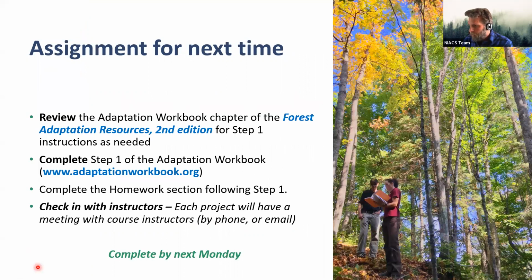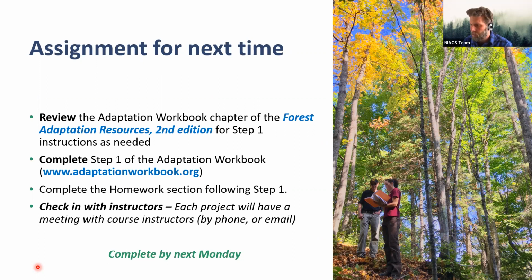All right, and so for next time, the assignment should, I think, be pretty straightforward. It's to do step 1 of the workbook. So the adaptation workbook, there's a chapter in the forest adaptation resources that describes step 1 and really goes into the details of thinking about goals and objectives, a lot of which we've covered here, but it's a great reminder.